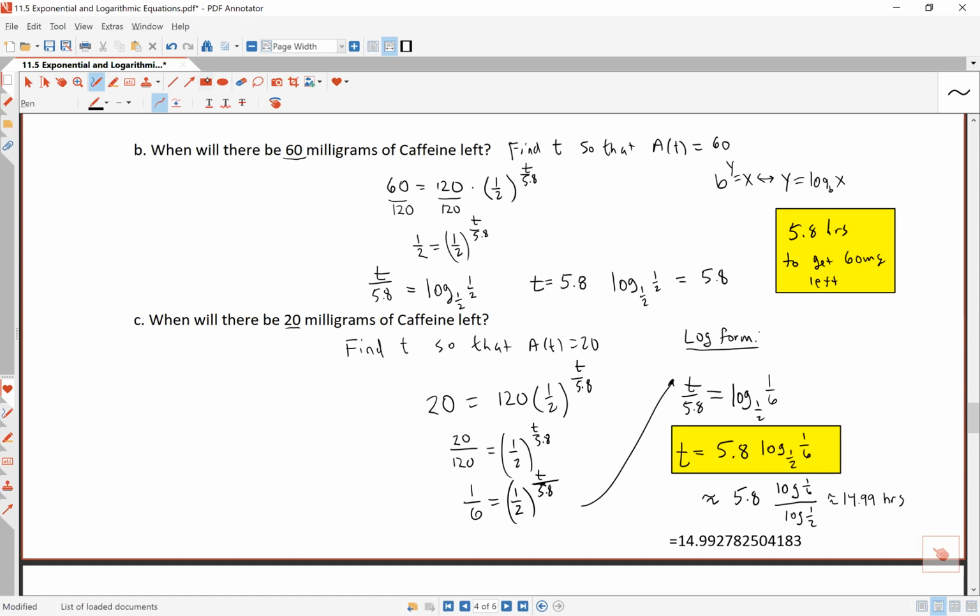And so the validity of that is guaranteed because it takes 5.8 hours to get down to 60, another 5.8 hours to get down to 30, and 5.8 plus 5.8 is 11.6 hours. If you let another 5.8 hours go by, you'd get down to 15, and that would be 17.4 hours. So the 14.99 or 15 hours is right in between the 2 and 3 half-life cycles.